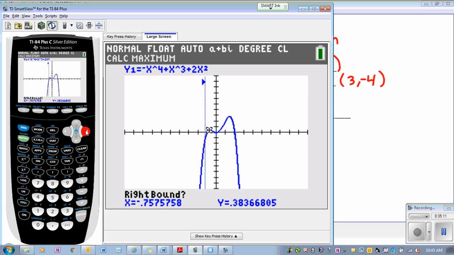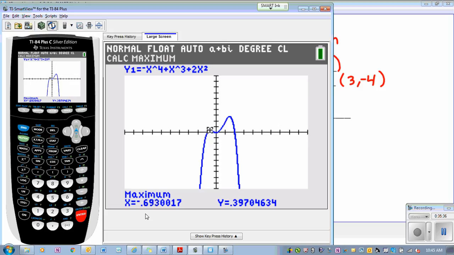Now I'm going to go back to the starting point, and now my calculator is saying go to the right. Hit the right arrow. 1, 2, 3. Hit enter. And then when it says guess, just hit enter again. And there you go.